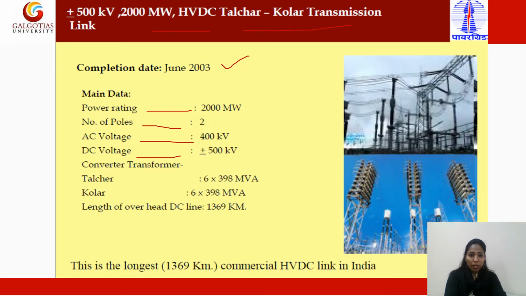The converter transformer used at the Talcher station is 6 into 398 MVA rating, and at the Kolar station the transformer rating is also 6 into 398 MVA. The length of the overhead DC transmission line is 1369 kilometer, and this is the longest commercial HVDC link in India.